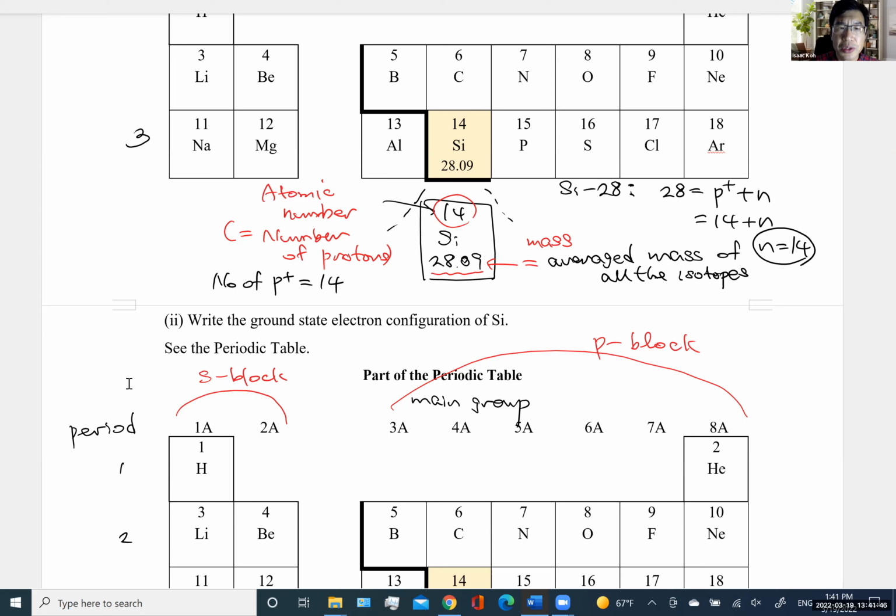Now the 28.09 is mass. Mass is the averaged mass of all the isotopes. So we have here silicon 28, 29, 30, three isotopes of silicon. When you consider their relative abundance and get the average mass, then it is 28.09 AMU.